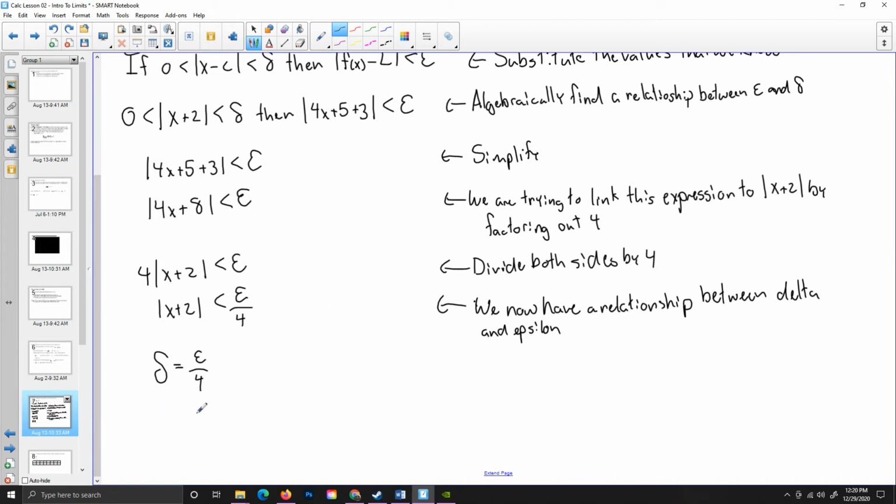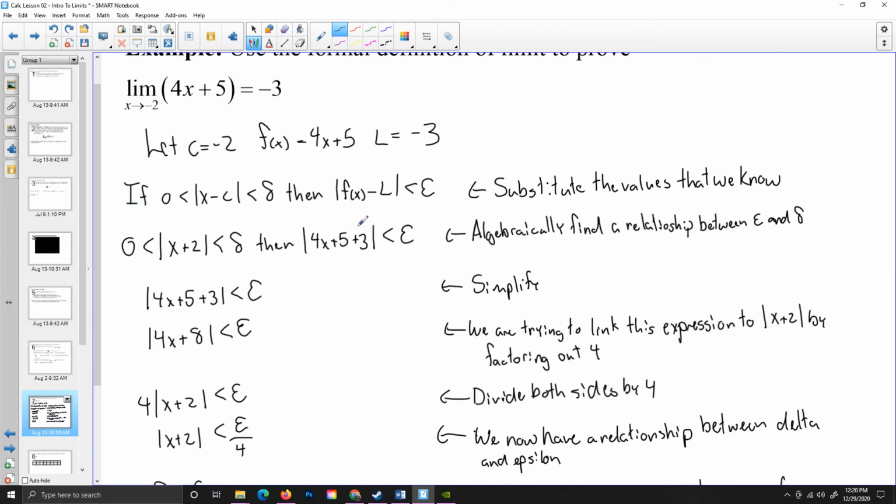Now, since we have this, we can write our proof. Now, it may seem like we're just redoing this backwards, but remember, our if-then statement says that we have to start with the delta expression, and then we can predict our epsilon statement.